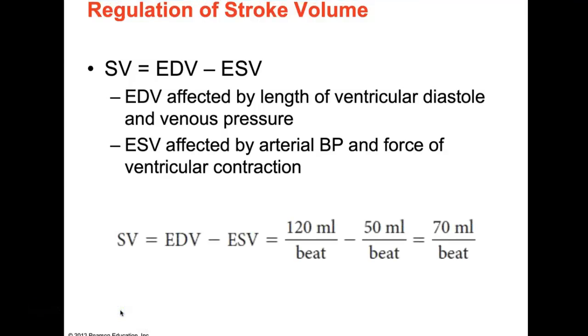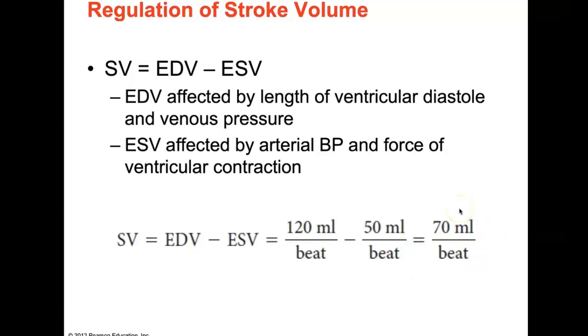So looking at the equation, we see that normally EDV is going to be 120 milliliters, whereas ESV is going to be approximately 50 milliliters. So in order to figure out the stroke volume, we would just plug in these two numbers, 120 milliliters and 50 milliliters, subtract those, and then we get 70 milliliters.